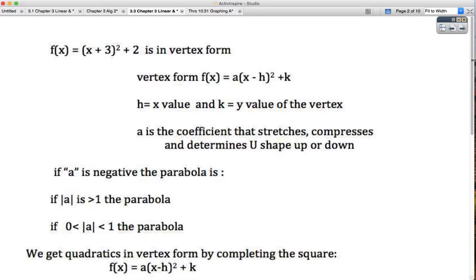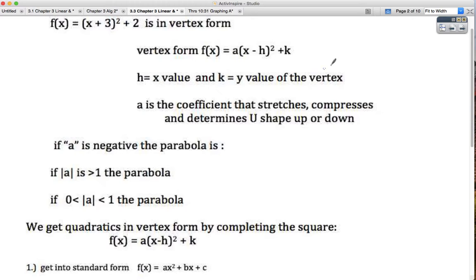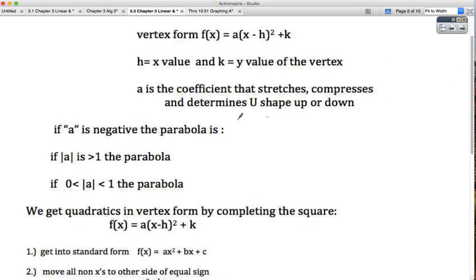As I discussed, this was in vertex form. Let's discuss what A does. This should be review as well. If A is negative, the parabola is turned U-shaped upside down. If A is positive, if you recall, it's smiling.